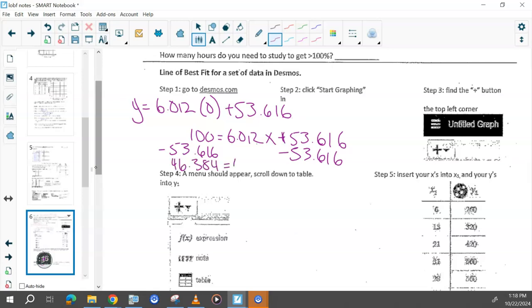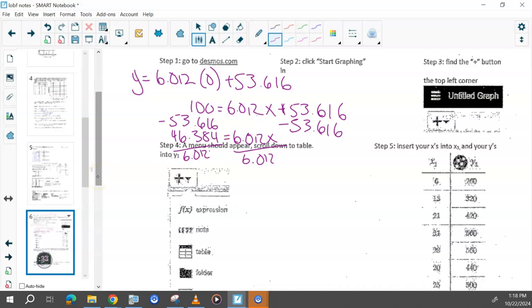Thank you. Now divide both sides and tell me what x is. Say that one more time. 7.714. 7.715.